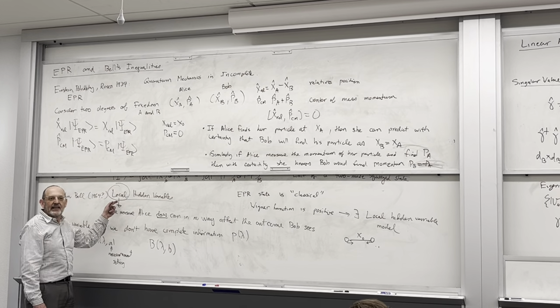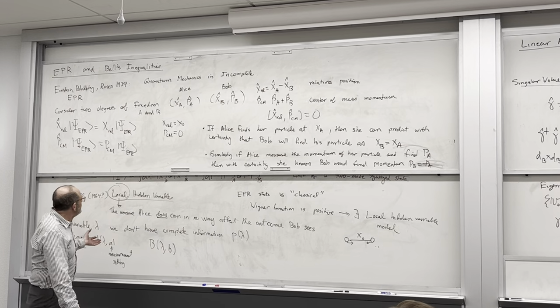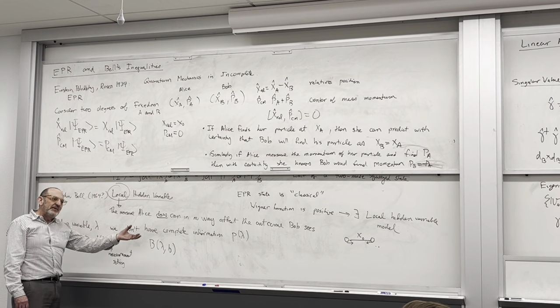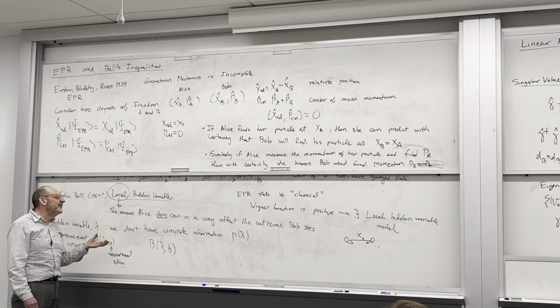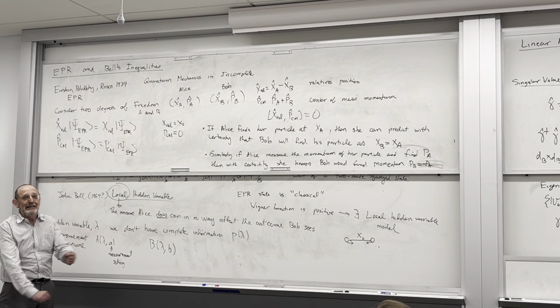That's the locality. And the genius of John Bell was to show that if you made this assumption, then there are experiments you can do which show that quantum mechanics can't be described this way.